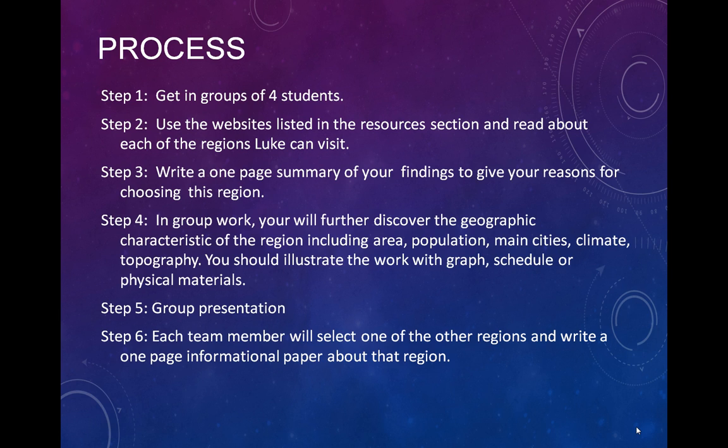The fifth step is the group presentation in front of the class. In the last step, each team member, like I mentioned, will select one of the other regions and write a one-page informational paper about it.